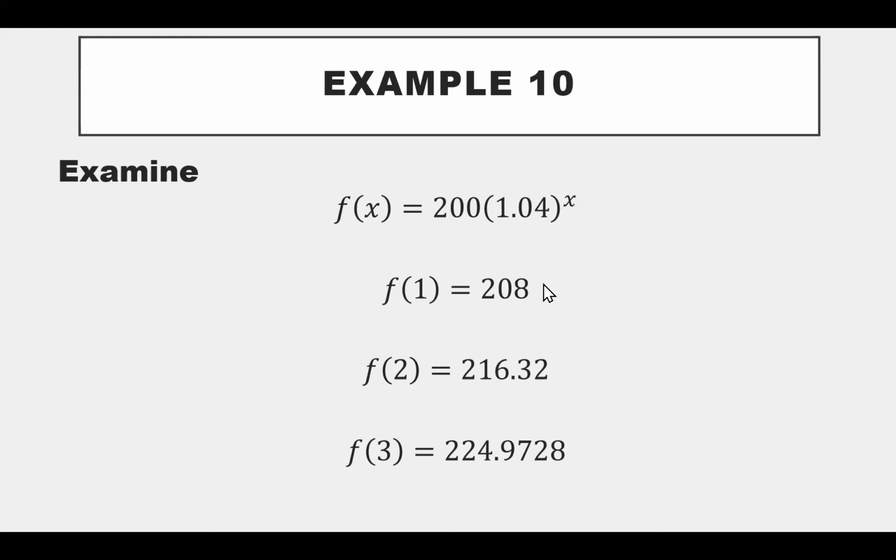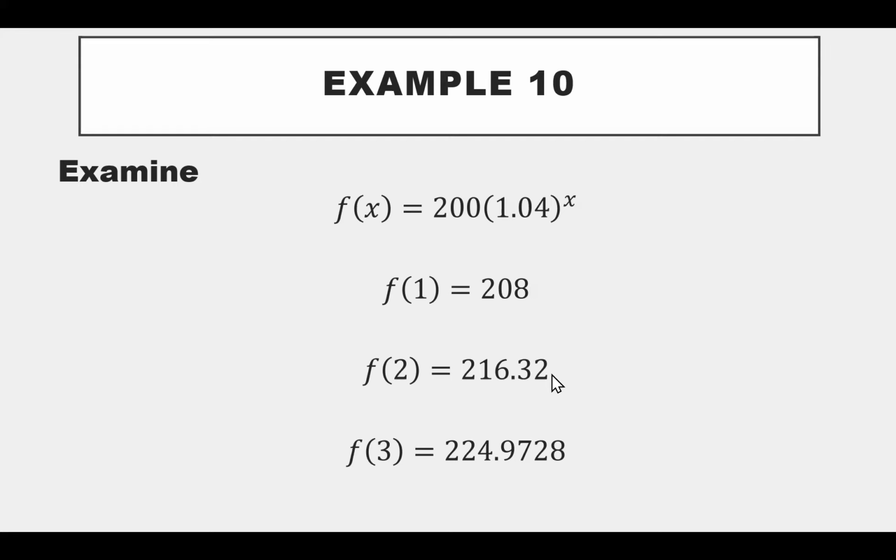Notice that is basically starting at 200. When you multiply by 1.04, that's like gaining 4%. That's one multiplication by 1.04. When I plug in 2, that's like 2 multiplications by 1.04. So I take 200 times 1.04 and then again times 1.04. So going from 200 to 208 is a multiplication of 1.04.